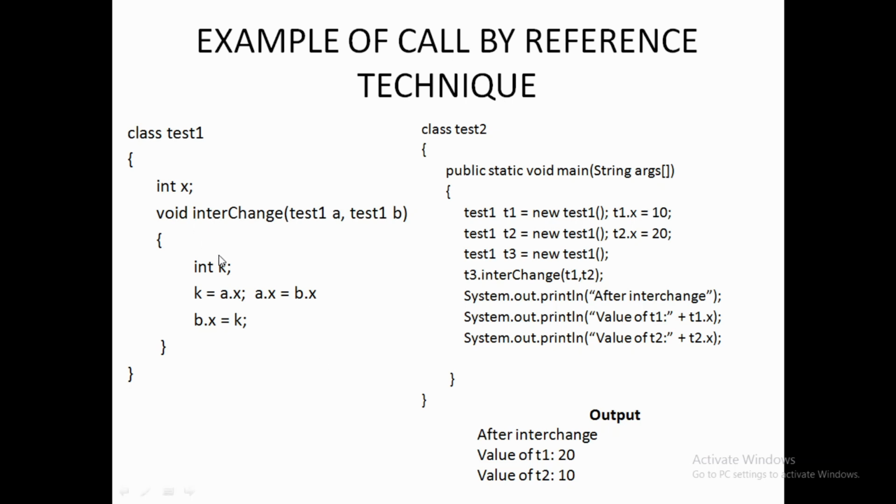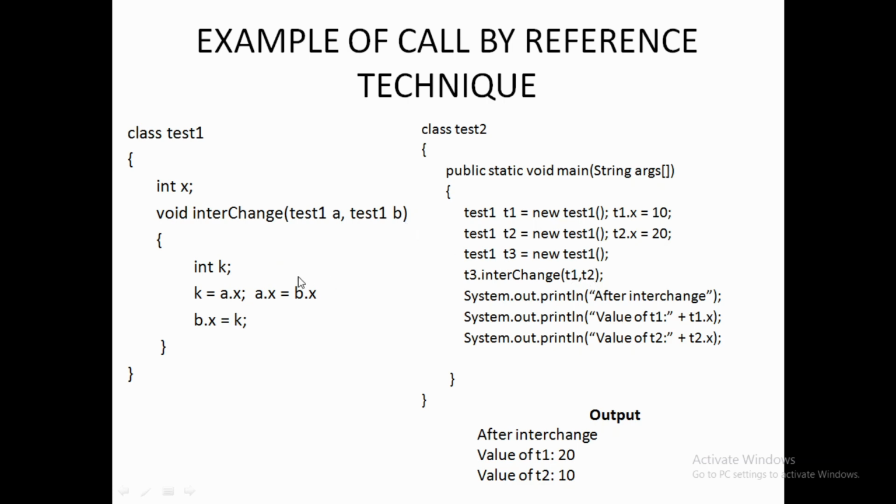As you can see here, if the test1 class has more than one instance variable, say 2 or 3 instance variables, and if we assign values to those instance variables here using A or B, that will be reflected here in T1 and T2.